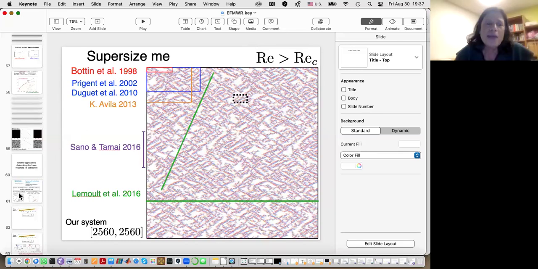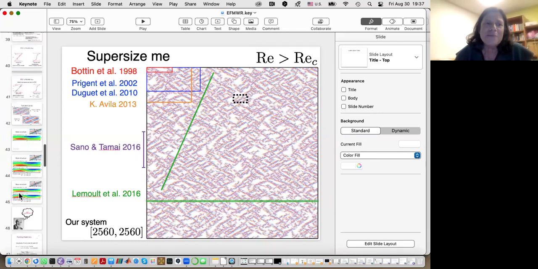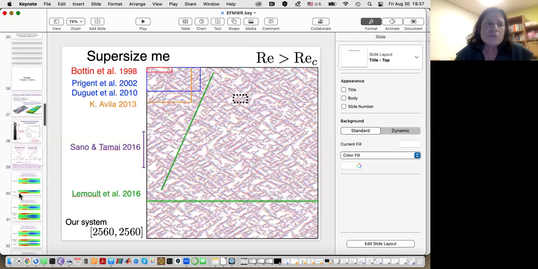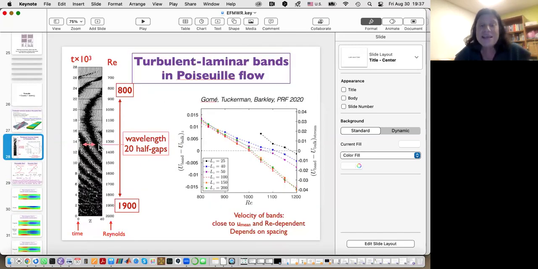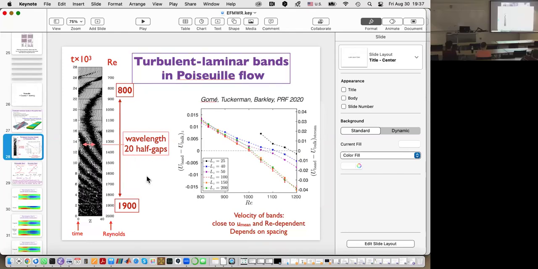That's what looks from your plots. But I don't think we can quite say that, because as the Reynolds number develops, you have a change in speed and in wavelength. For a given Reynolds number, you see that the black points are short, small LZ.